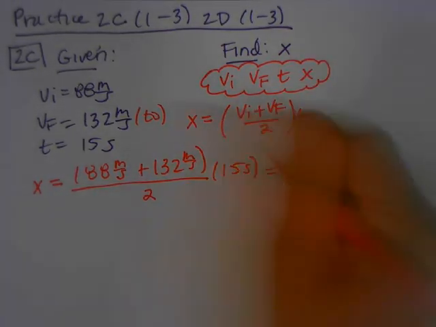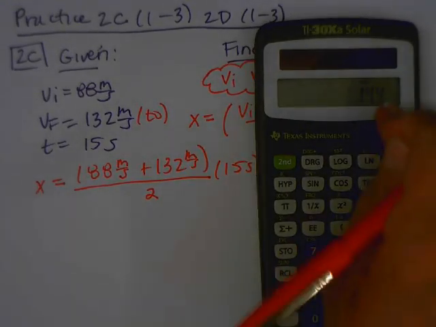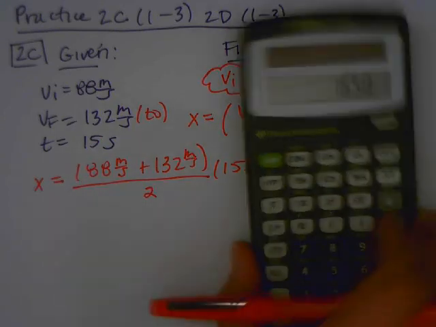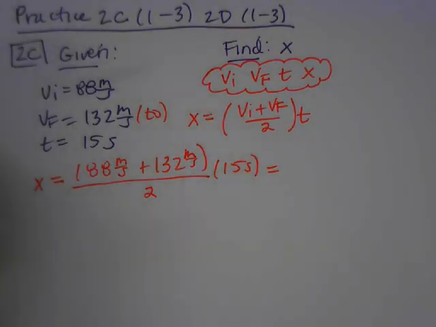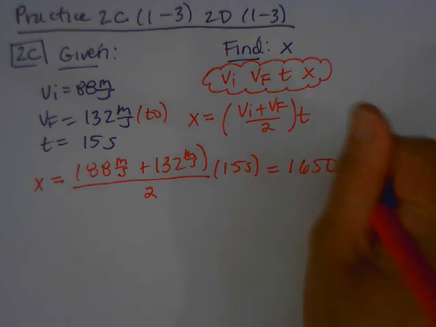So let's put that on our calculator: 88 plus 132 equals, divided by 2 equals, times 15 equals, and it comes out to be 1,650 meters.